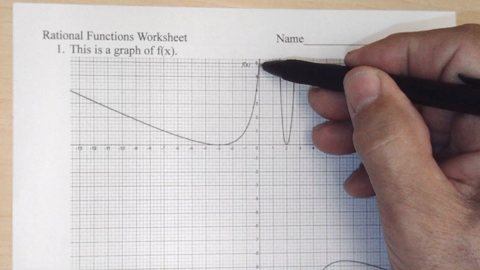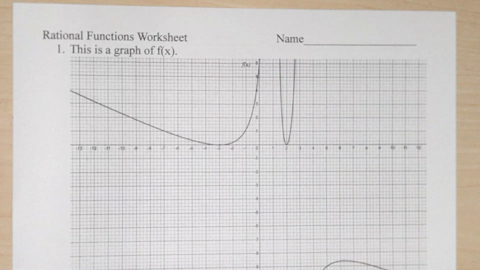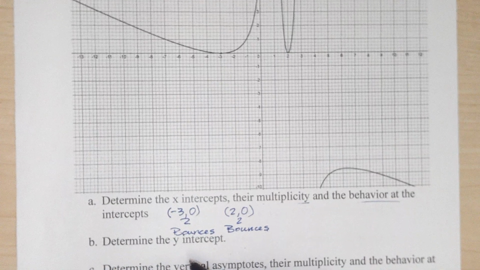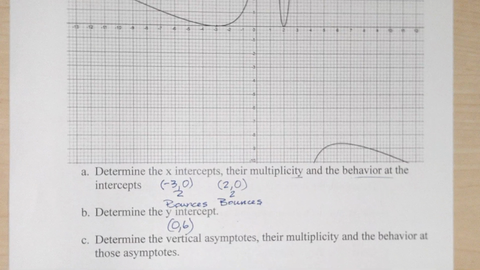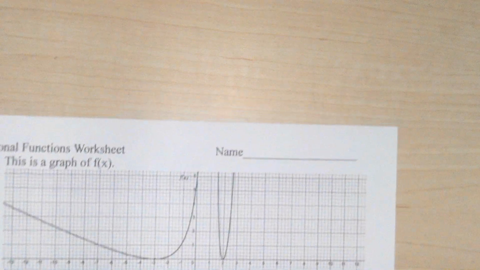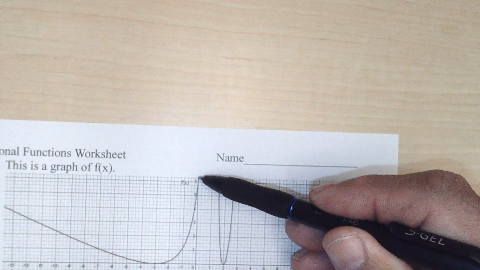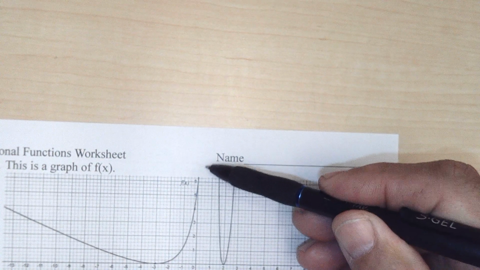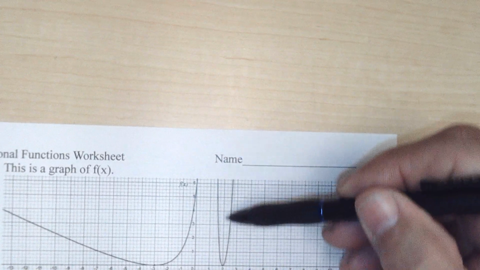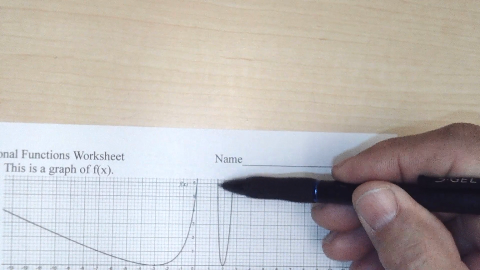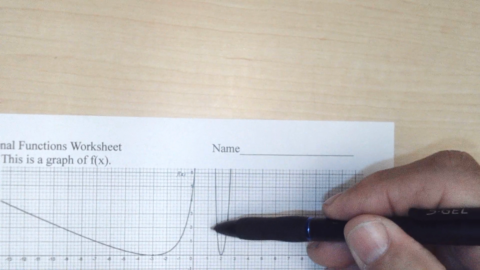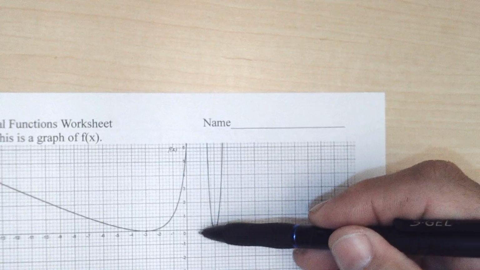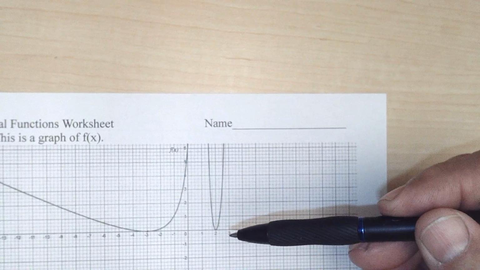Y-intercept. It looks like it crosses the y-axis at about 6. Vertical asymptotes. Well, this is moving over. It's rising less steep than this one. So I'm going to guess, if the professor had any kind of decency here, made it maybe at 1.